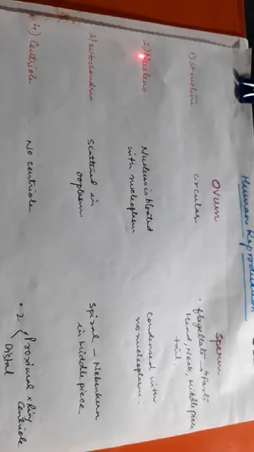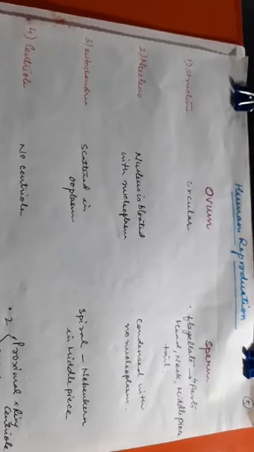Now the second point is nucleus. In case of egg, the nucleus is large and swollen, bloated with the nucleoplasm. In case of sperm, the nucleus is condensed with no nucleoplasm.